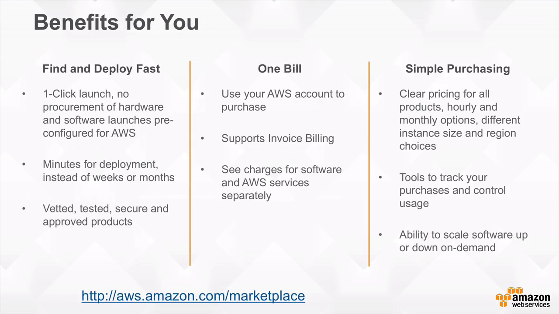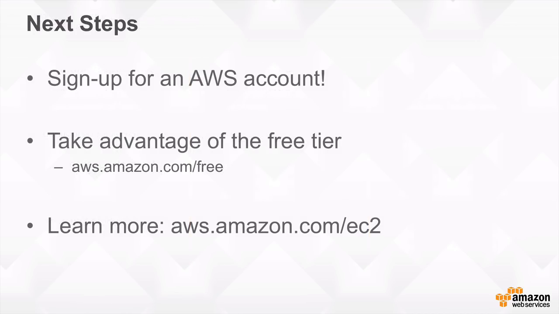Whatever software you use will be billed via your AWS account, so you will not have to negotiate terms or set up payments with other third parties. You've got a very, very simple purchasing model. So I'd really like to encourage you to investigate the AWS Marketplace if you've not already done so at aws.amazon.com/marketplace.